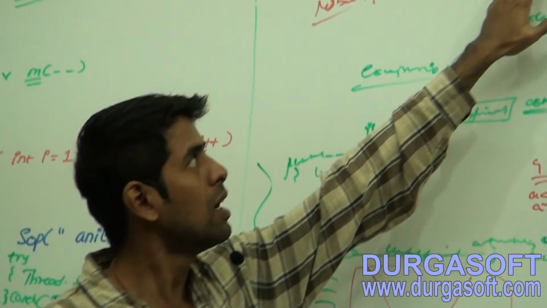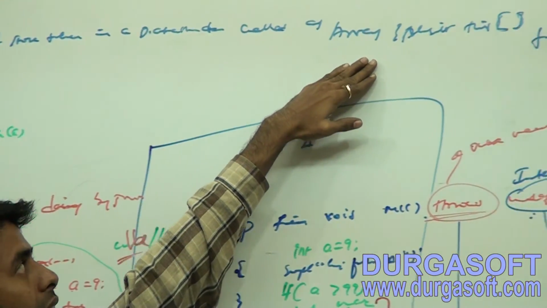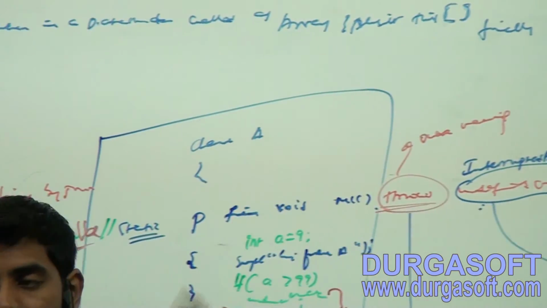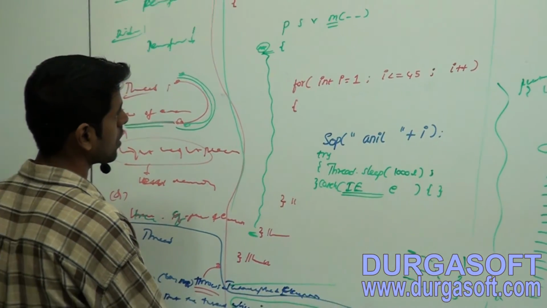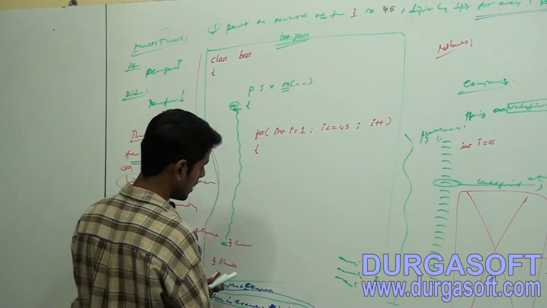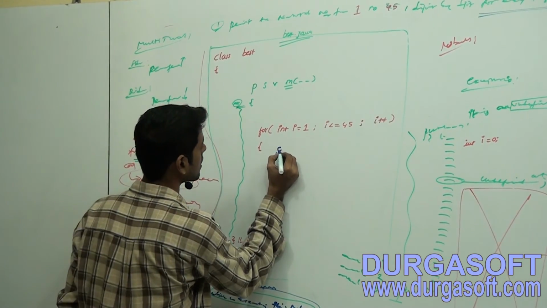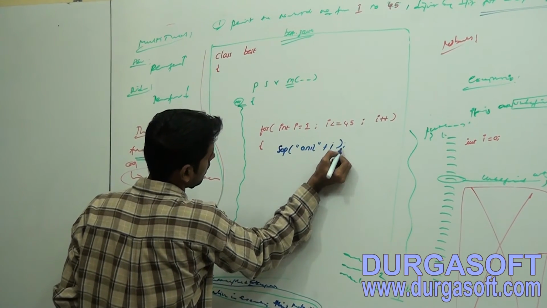One small thing: at the time of printing, store them in a data structure called an array, and print this array finally. Observe here how to achieve that logic. Simple thing, observe the same thing. System.out.print of a of i.